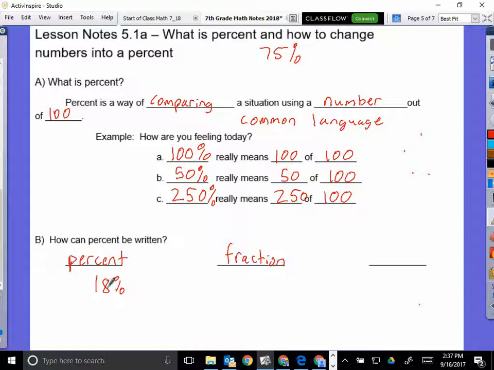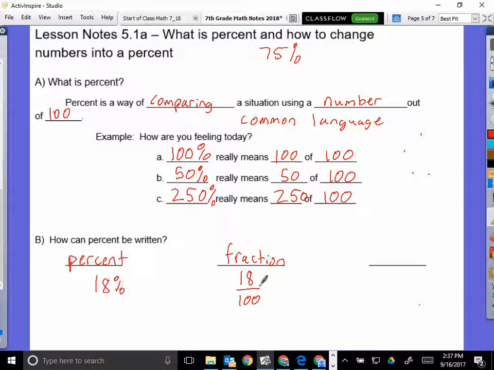Okay, we can change this 18% to a fraction, and that means, looking back at our definition, it's a number out of 100. Okay, so this 18% is really 18 out of 100. Okay, that would be the fraction. That's what the percentage sign means.